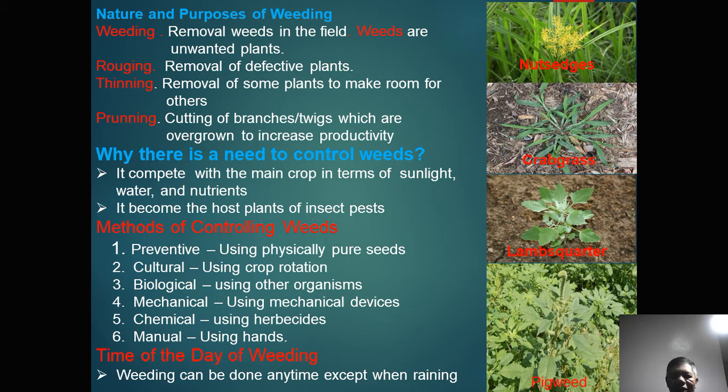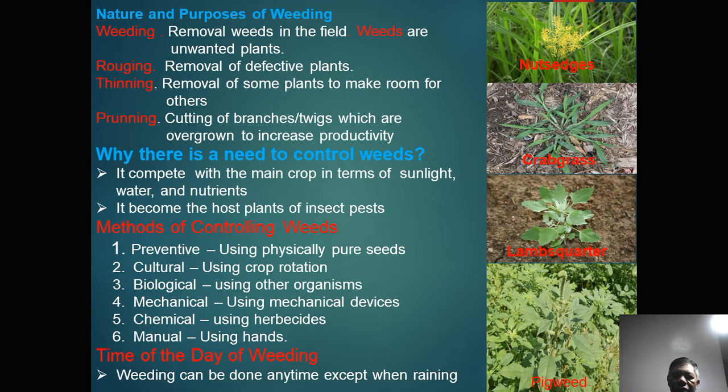If possible, you have to escape the main crops from being sprayed. It might be that the main crop or crops will be affected if you spray herbicides, yes.